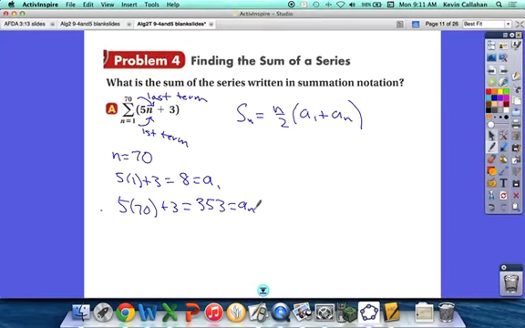So now you know everything you need to plug into that formula right there. So plug them in. S70 equals 70 over 2 times. First term is 8.